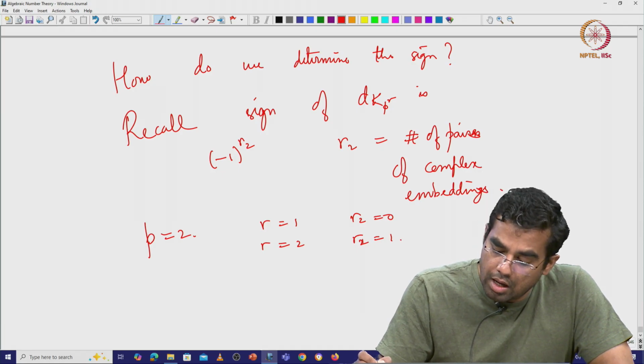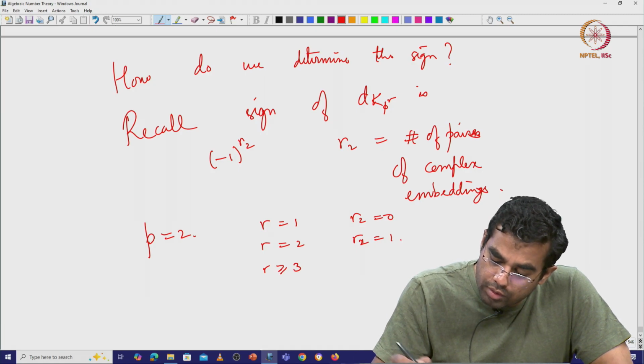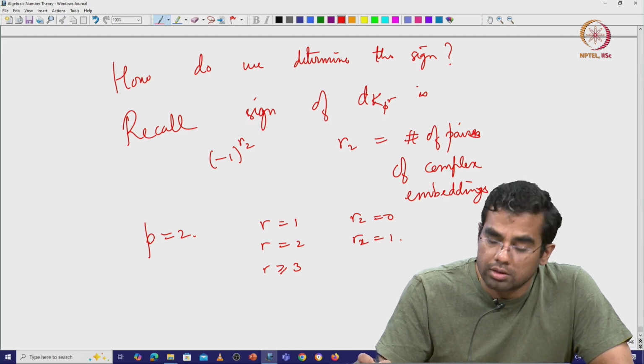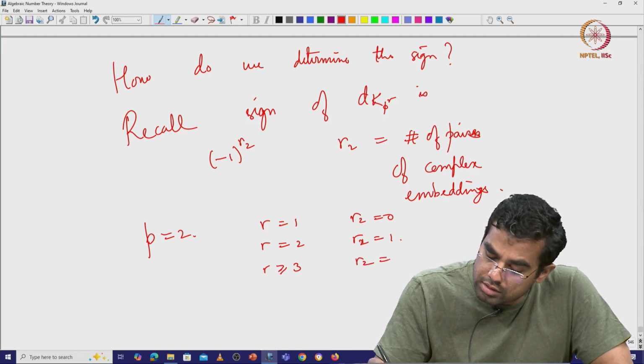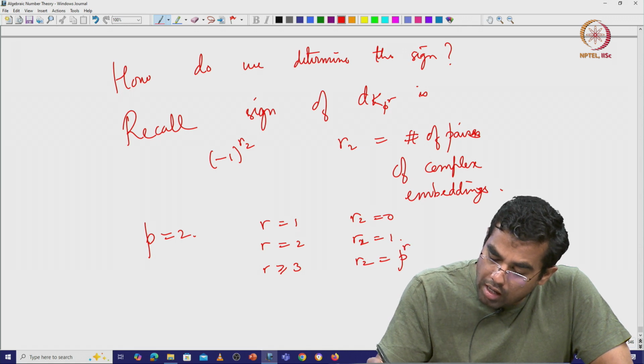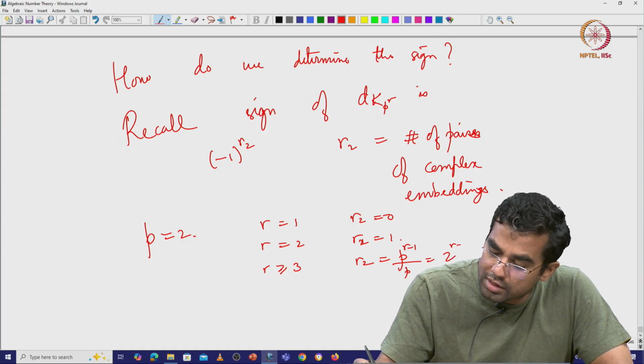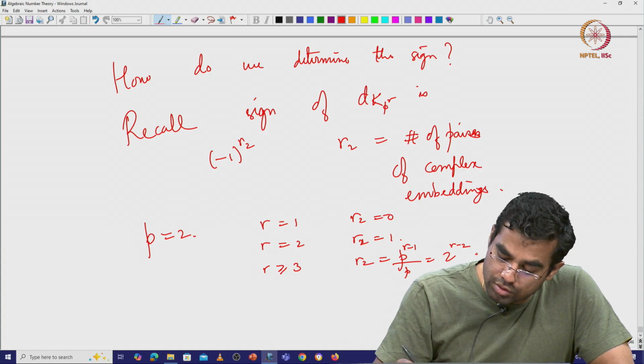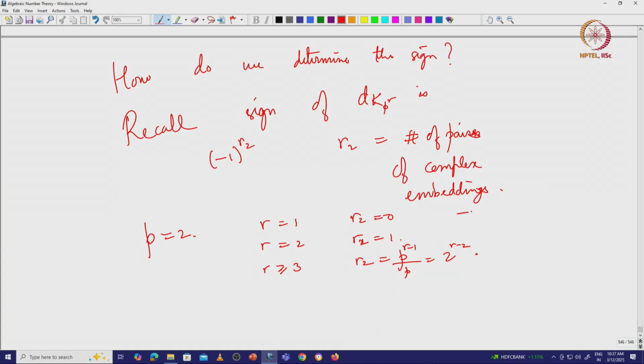And if r is bigger than or equal to 3, then r2 is p^(r minus 1) by p, this is like 2^(r minus 2), right. And so, what is the sign here? The sign here is plus, the sign here is minus, and then the signs here are all pluses, right.